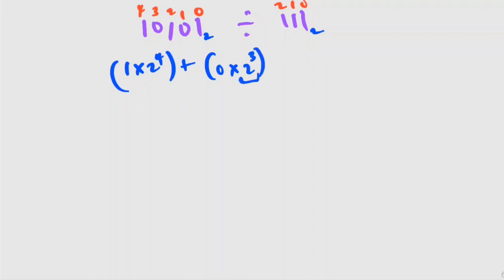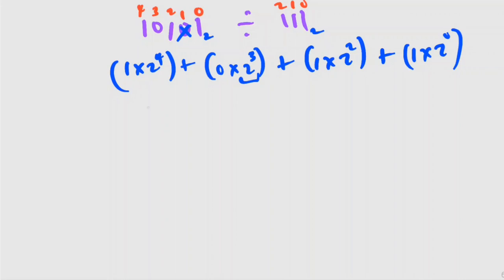Even though 2 raised to power 3 is 8, 8 multiplied by 0 is 0. Even if it is 1 million, the moment you multiply by 0, you get 0 back. You don't need to stress yourself. Then you have 1 multiplied by 2 raised to power 2 plus, I don't need to take this one because it will give me 0, 1 times 2 raised to power 0. I hope you understand now.